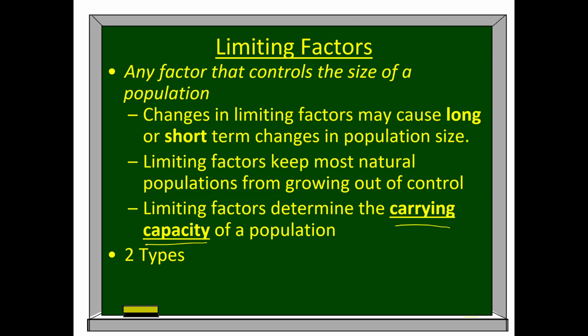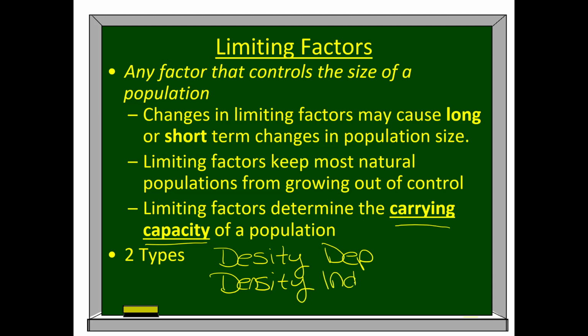So a lot of those limiting factors are going to limit just how big that population can get. And when we look at limiting factors, there's going to be two overall types. There's what's called density dependent, and what's called density independent. So we're going to look at both and some different examples in the following slides.